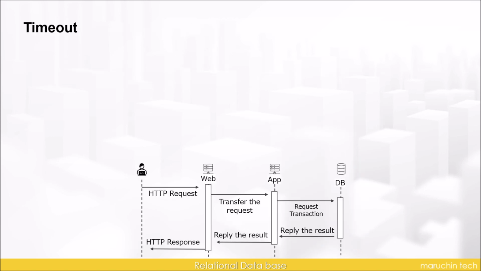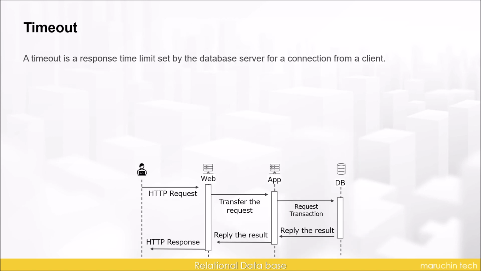Next is timeout. A timeout is the response time limit set by the database server for a connection from the client. By setting up the timeout, the server will not wait indefinitely for a client request, but will terminate its operation if it takes too long.